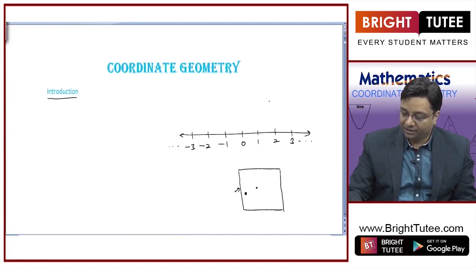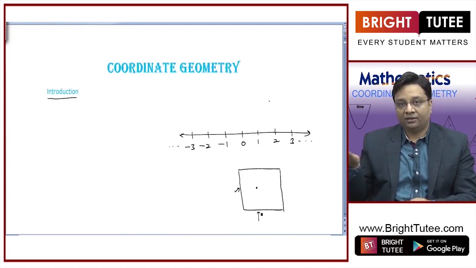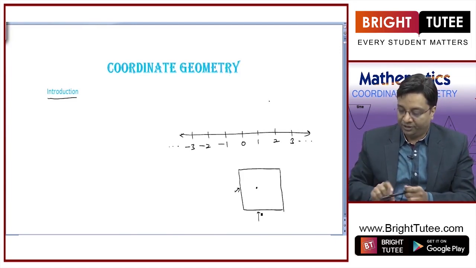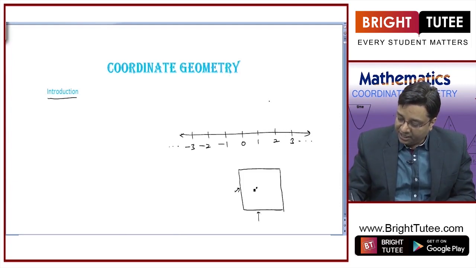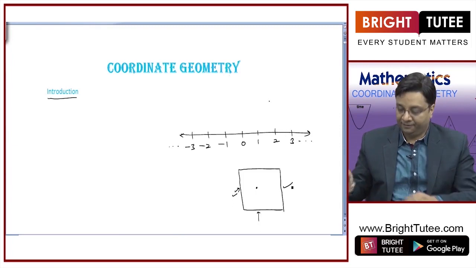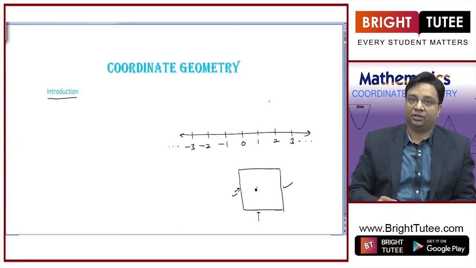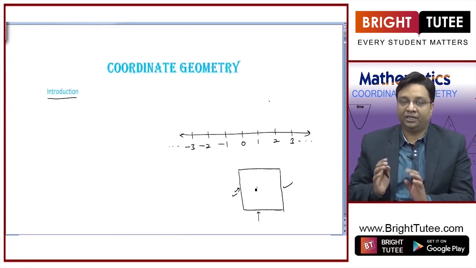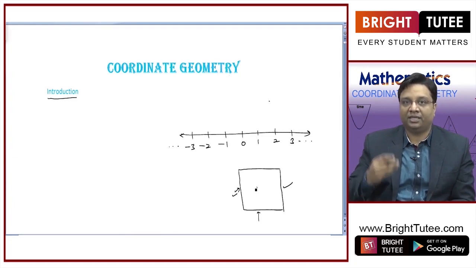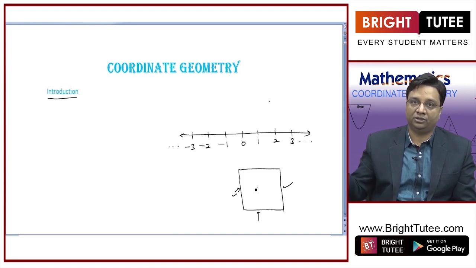For example, this is the left side and it is near this, and it is above this bottom side of the paper. Now you can say that it is nearer to the left hand side than the right hand side, but you cannot tell me the exact location of this dot by describing it like this. So we need some mathematical tool or mathematical way to find the location of this dot.